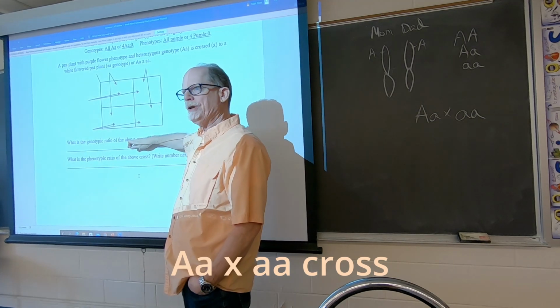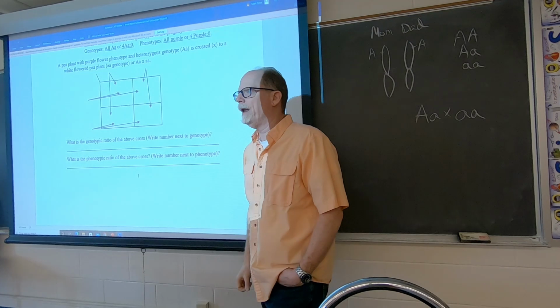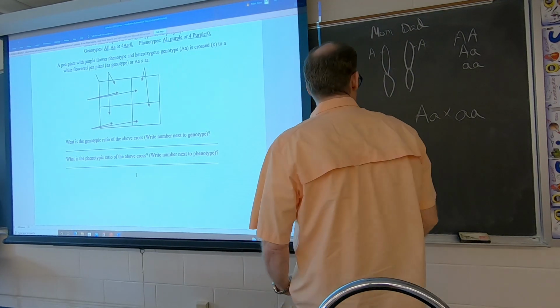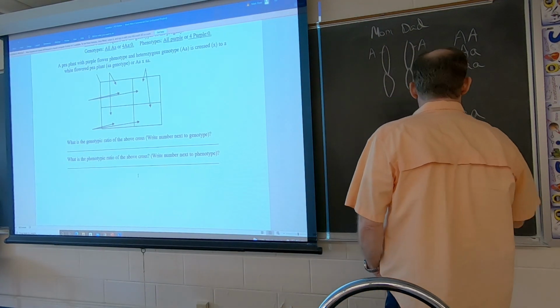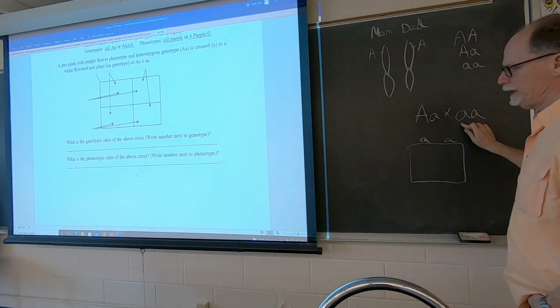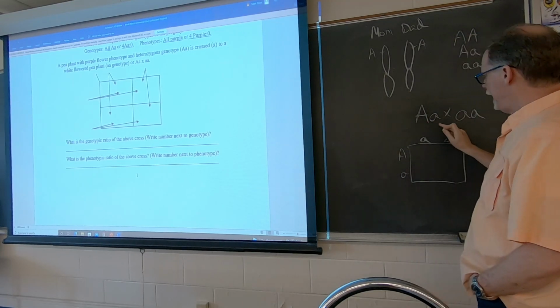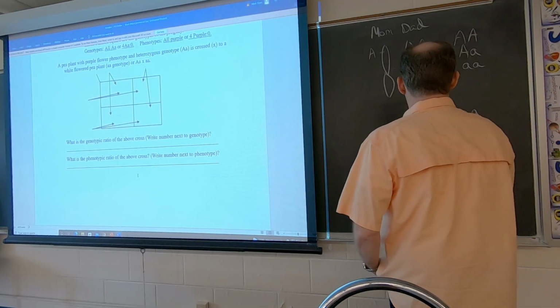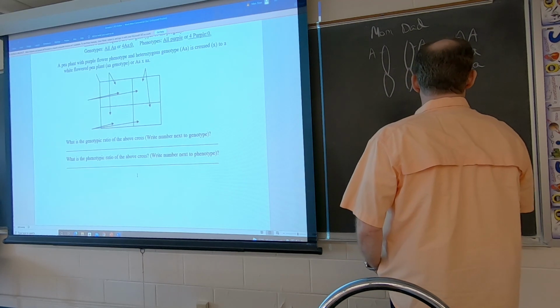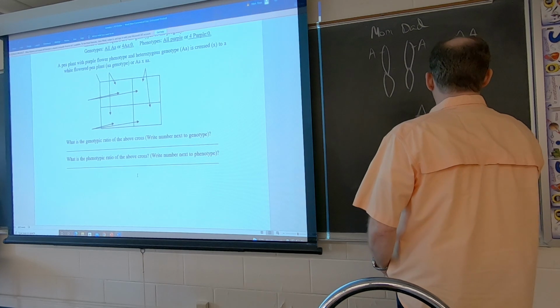And then fill in what the genotypic ratios would be and what the phenotypic ratios would be for that. Right, so if we did that cross, it'd be, say, little a from this guy, and then big A, little a for that guy, and then that would give you this Punnett square.